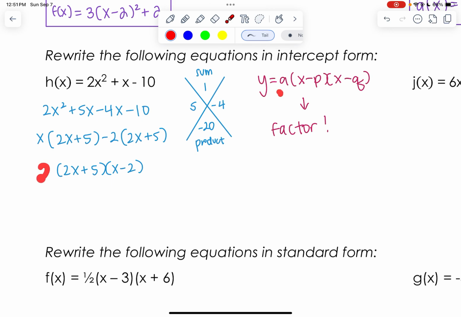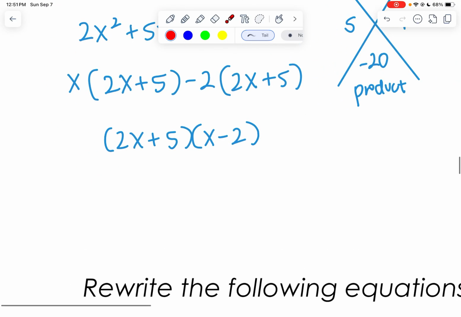Now, that's factored, but intercept form is a times. So I'm not going to put a 2 out here like that because a was 2. I already have a 2. The 2 was distributed into one of your factors. So to take that out, I'm going to have to continue factoring this, okay? A needs to be taken out. Notice this is 1x, 1x. So right here I have 2x. That's fine. Factor out what you need, which is a 2.